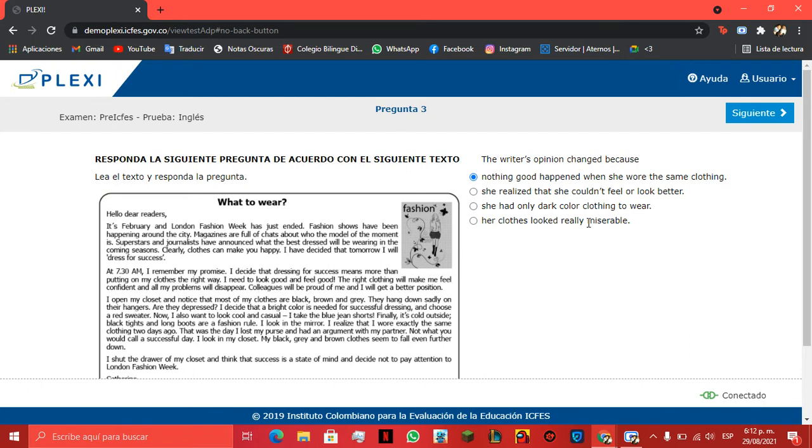And if that was the case, that isn't the reason for her change of opinion. So I think it's A. Nothing good happened when she wore the same clothing because she had an argument with a colleague, I think, or a friend, I don't remember, when she wore the same clothes.